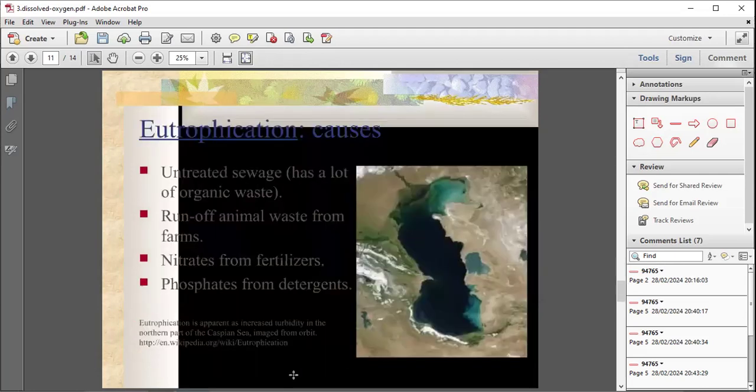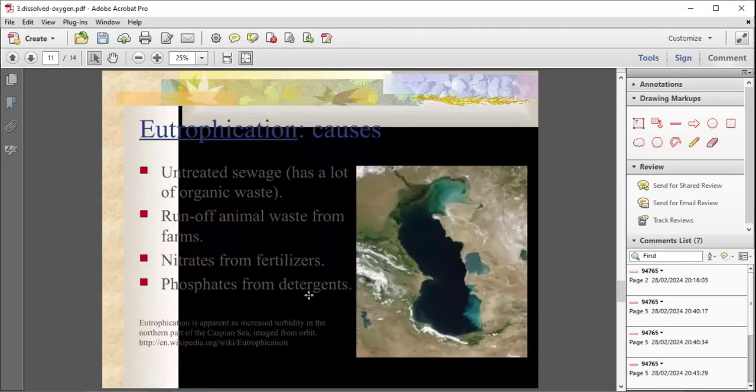Eutrophication is caused by untreated sewage with a lot of organic waste, runoff of animal waste from farms, nitrates from fertilizers, and phosphates from detergents. What's the meaning of detergents?